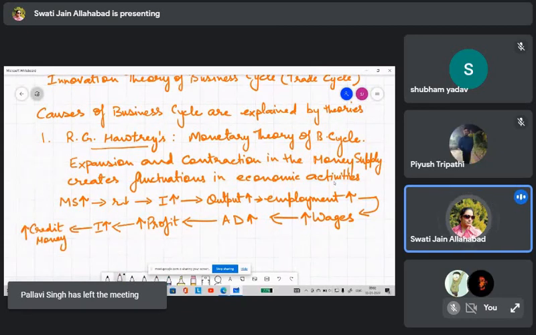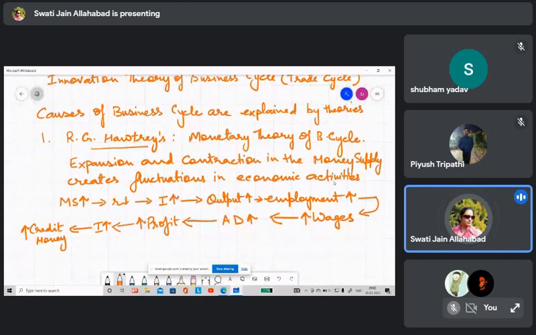As the credit money is expanding, money supply is actually again increasing. So this becomes a continuous cycle where once money supply starts increasing, with the reduction in interest rate, investment and all other activities go up.